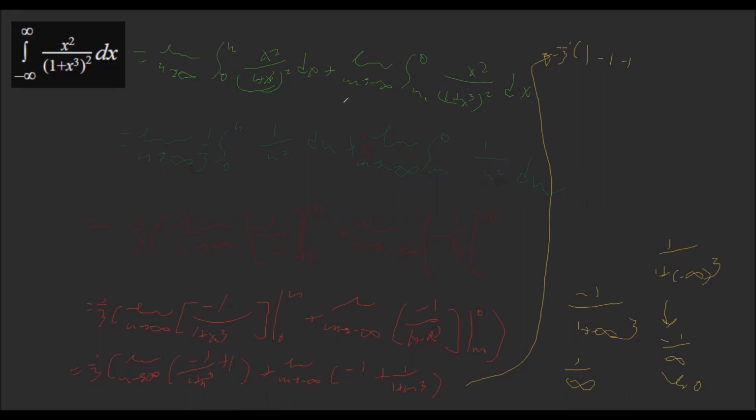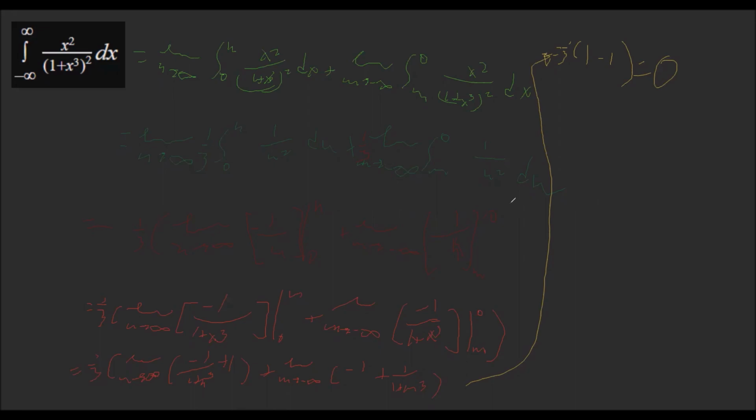So this term again can be omitted because it's equal to 0. And so we end up with 1/3 times 1 minus 1. 1 minus 1, and this is equal to 0.